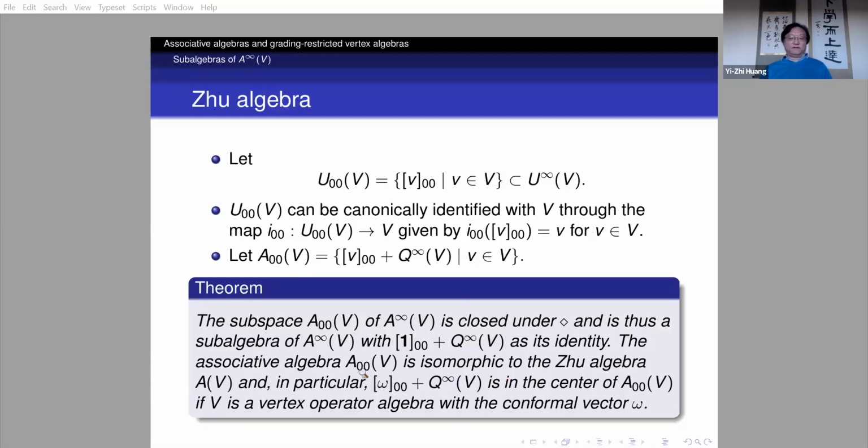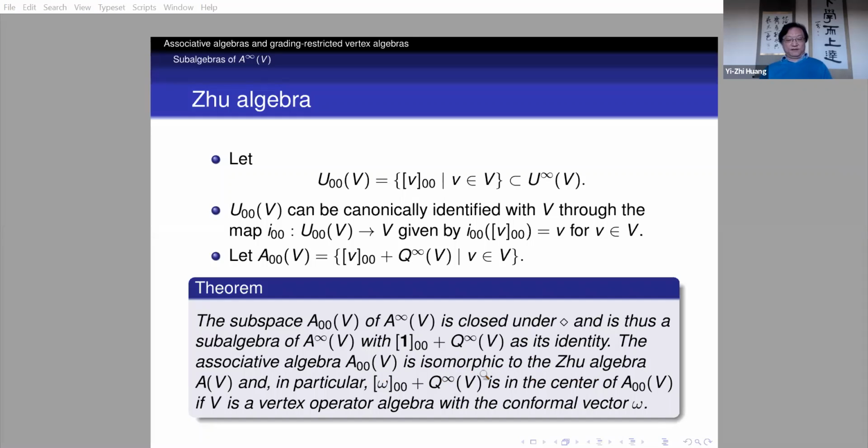The main thing, which is not easy to prove, is this: in Zhu's algebra we have an explicit ideal O(V), you take a quotient. But in our case this Q infinity V is defined using modules, so the proof still takes some effort.